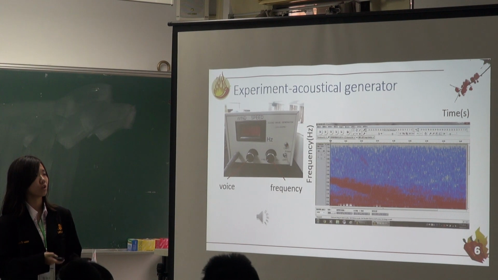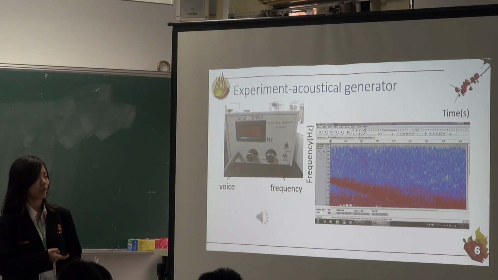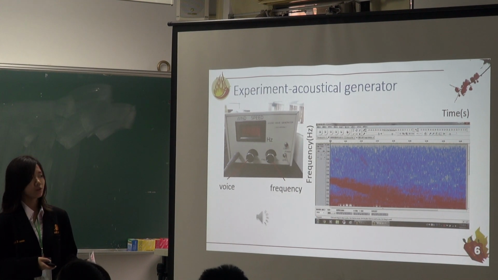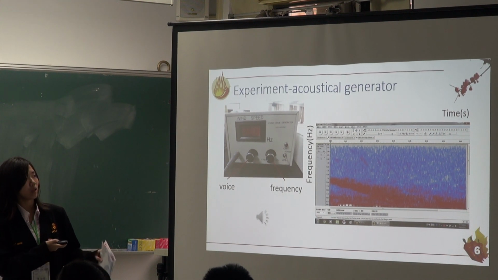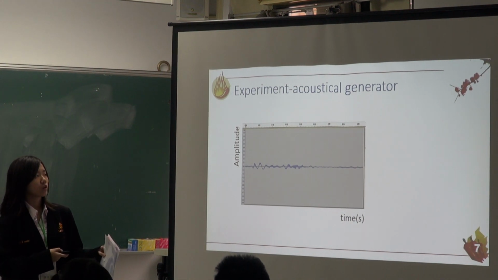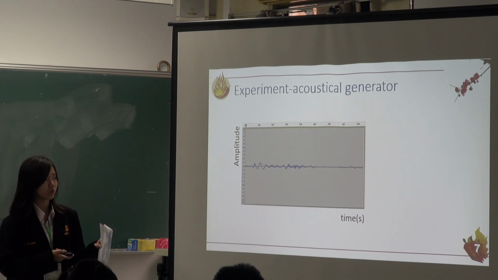And I used an acoustic generator to reproduce the chirp, which turns high frequency into low frequency, and you can hear the sound. It's very similar to our experiment. This is the wave of the acoustic generator, and because it only has one frequency, it's just a little not similar to our experiment's wave graph.